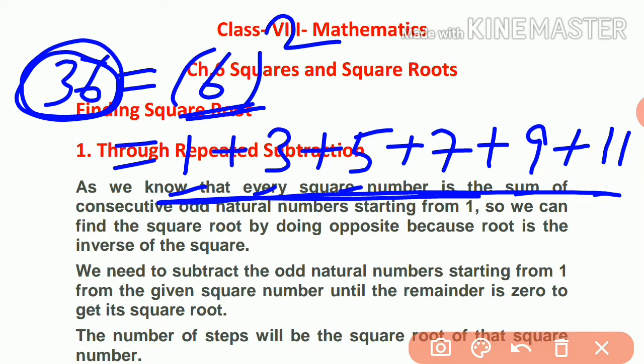So in this method, we subtract odd natural numbers, that is 1, 3, 5, 7, 9, 11 and so on, until the result becomes 0, and the number of steps is the square root of the given number.